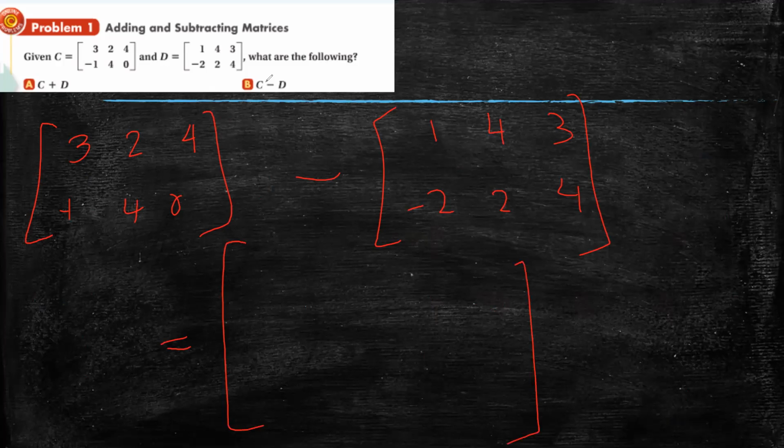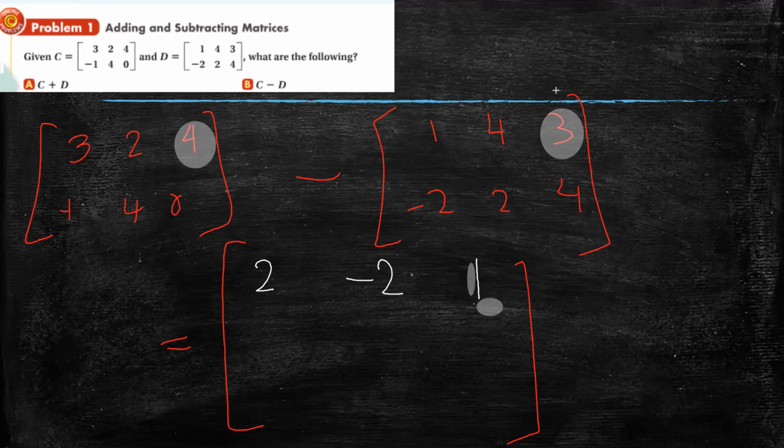So we can subtract them. Now, 3 minus 1 is 2. 2 minus 4 is negative 2. 4 minus 3 is 1. Which 3 and which 4? This 4 and this 3. The answer here is 1.